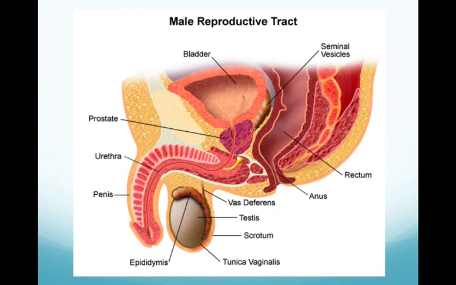So we have in this image a sagittal section of the male pelvis. We can see the reproductive structures. And if we talk about the production of sperm and then collectively the production of semen, what sperm are suspended within, we have to look at the testis down here.